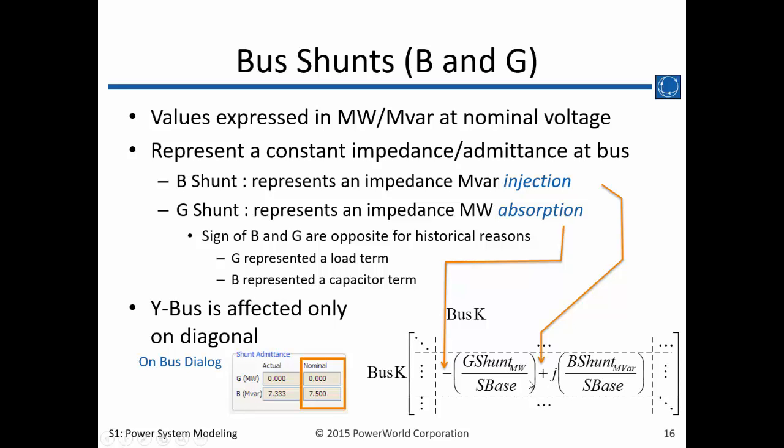And the shunts don't effectively transfer between two buses. They only inject at a single bus. So they are only diagonal elements in the Y bus.